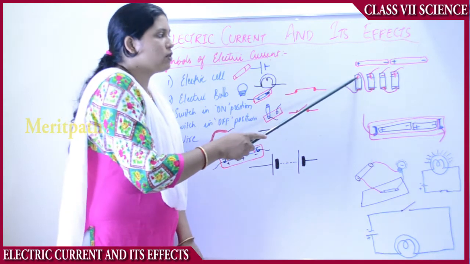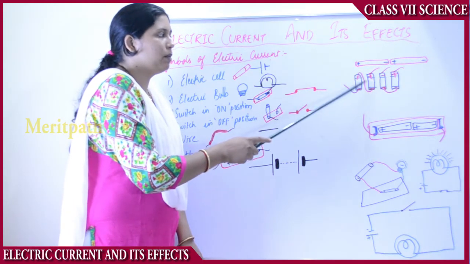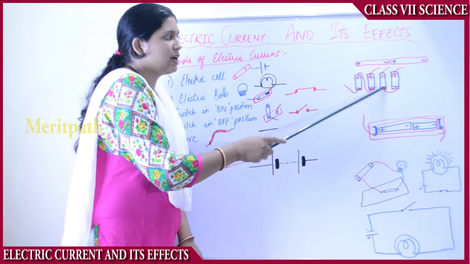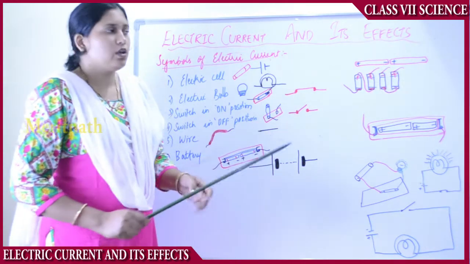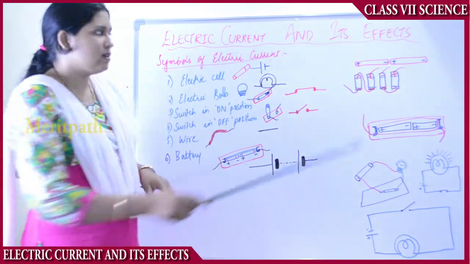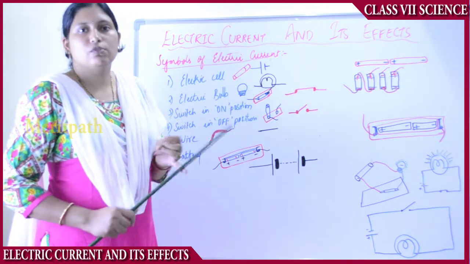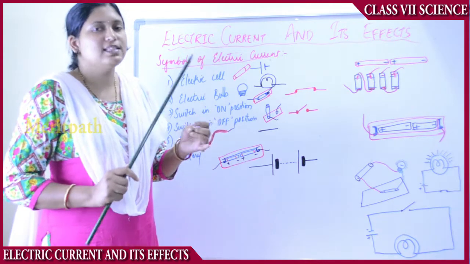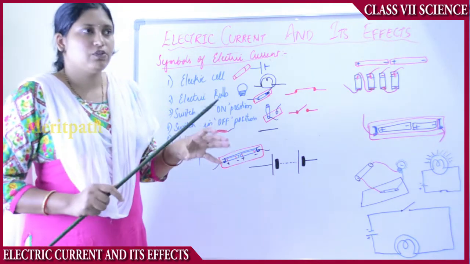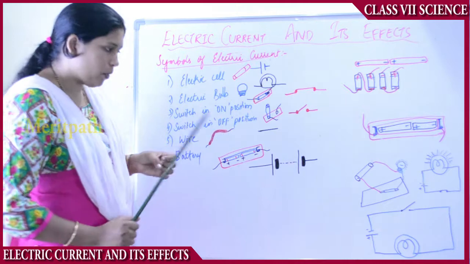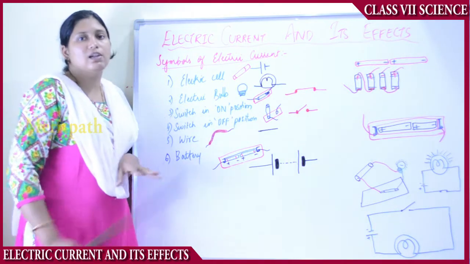So say this is the positive terminal and here is the negative terminal. So the wires will be connected side by side like this. Whether the batteries are side by side or one above the other, the wires will always connect positive terminal to negative terminal. A positive to positive or negative to negative connection will never be there.